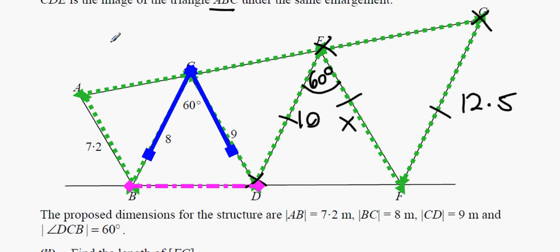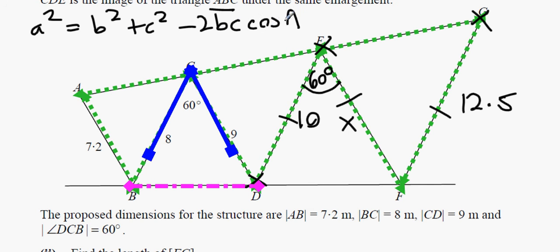Now the cosine rule is a squared equals b squared plus c squared minus 2bc cos A. When you choose the angle you're using, which is going to be the 60 degrees, you have to choose the side that's opposite it. We call it length y.